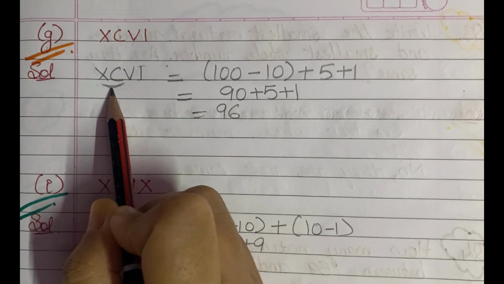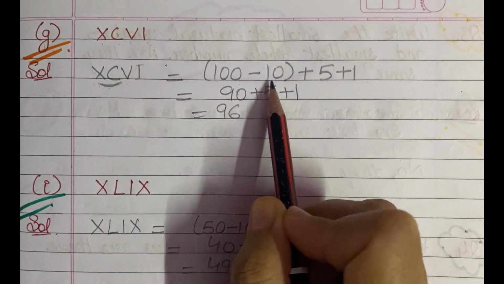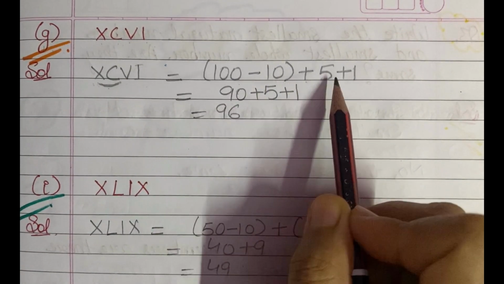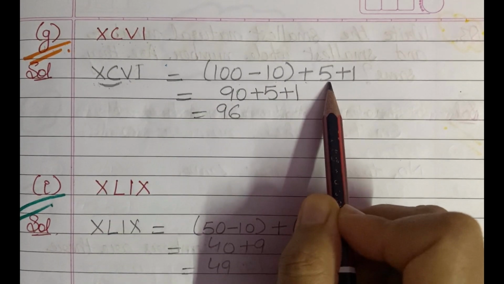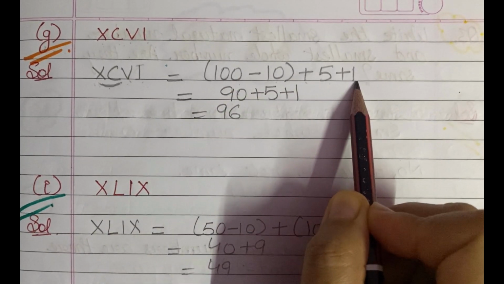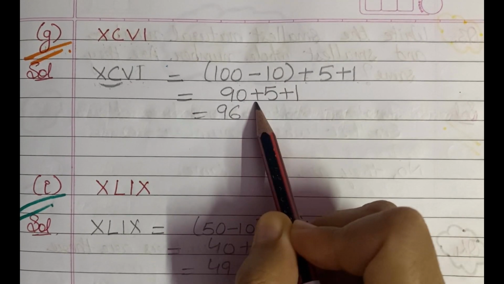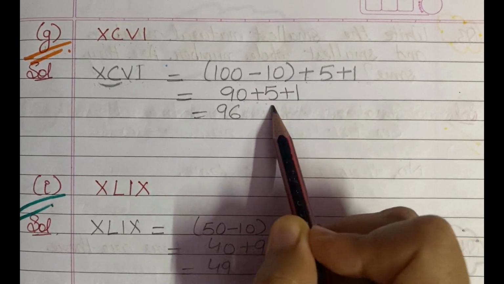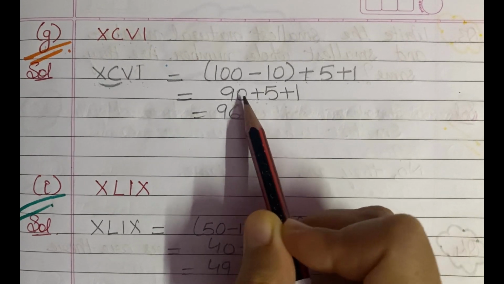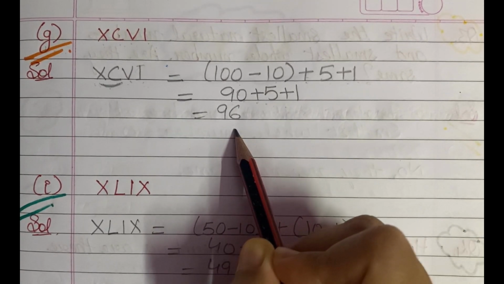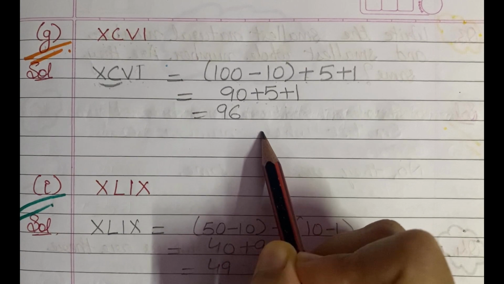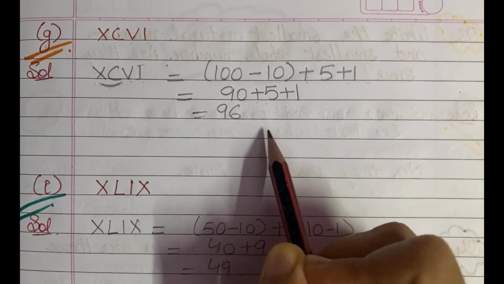So here we will write 100 minus 10, then plus sign will come, and for V we are having 5, and for I we are having 1. Now 100 minus 10 will give us 90, then plus sign as it is, 5 as it is, plus sign as it is, and 1 as it is, and 90 plus 5 plus 1 will give 96 as an answer. Hopefully it is clear to you.